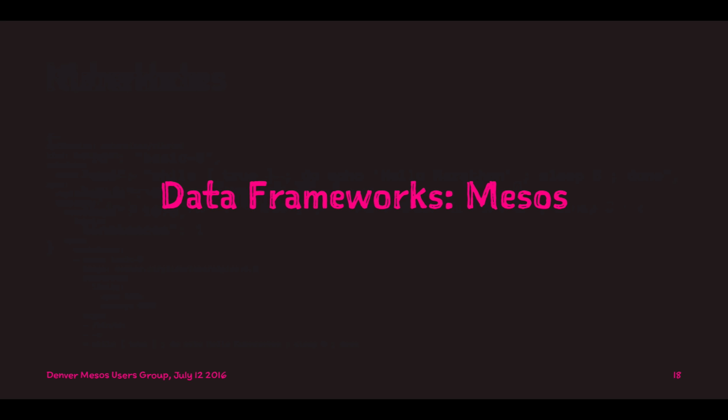If you're running data frameworks like Spark or Hadoop or Cassandra even, you're going to want to use Mesos. Right now, those schedulers are mature and stable, and they are specialized in ways that don't require a whole lot of customization on your part.